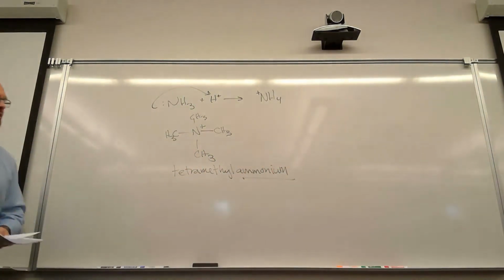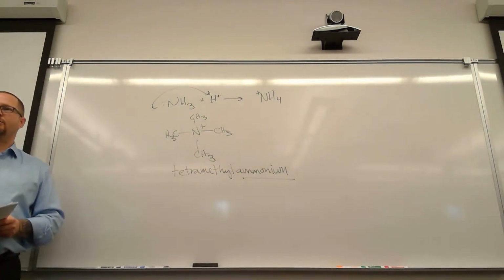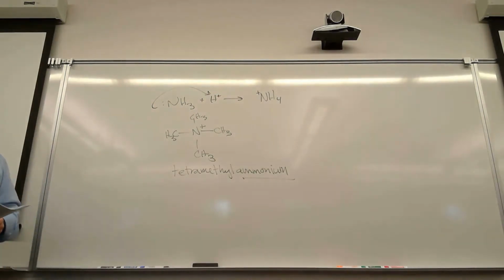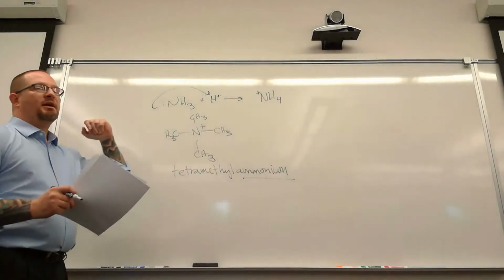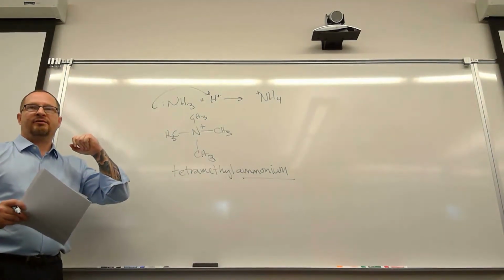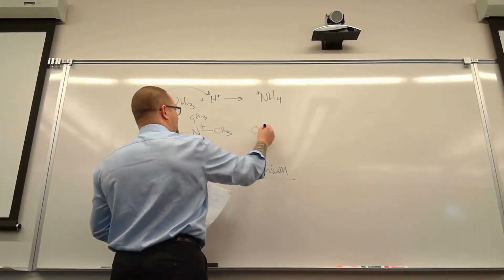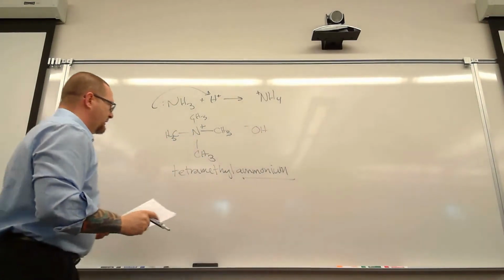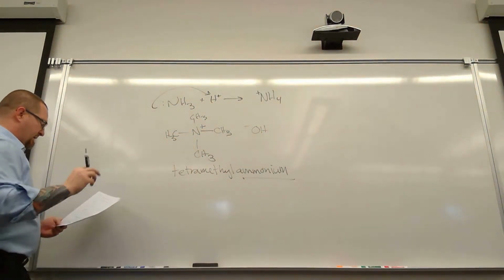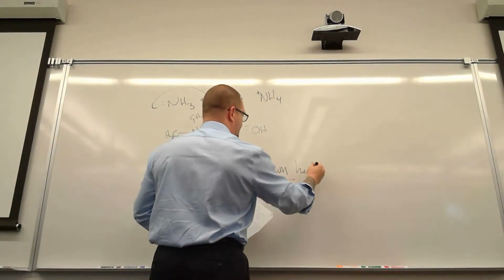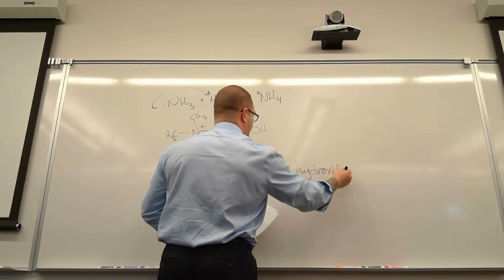So in the case that you have a positive charge on it, you label it as an ammonium versus an amine. And this is really important because these will often be paired with anions, making salts. So if we had this paired with a hydroxyl group, this would be a tetramethylammonium hydroxide salt.